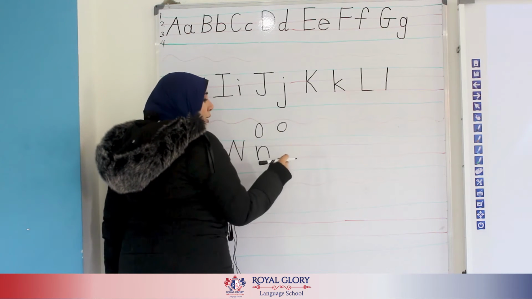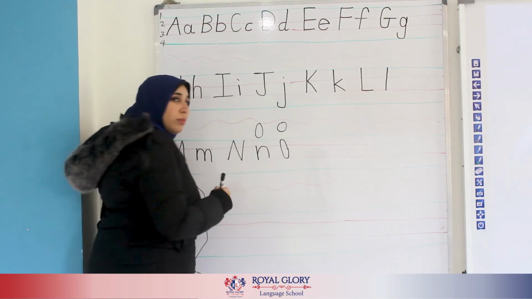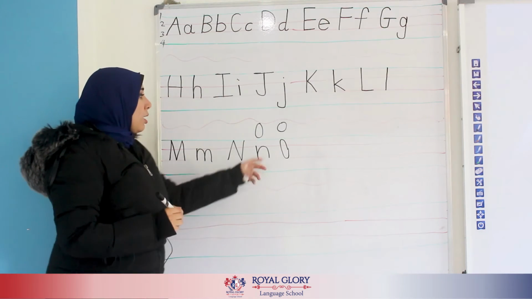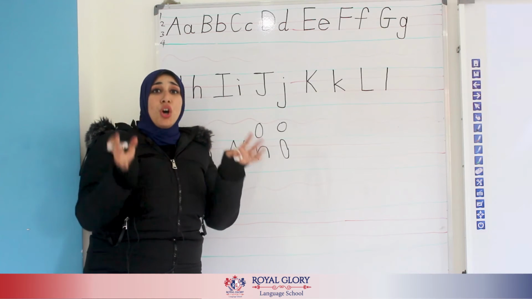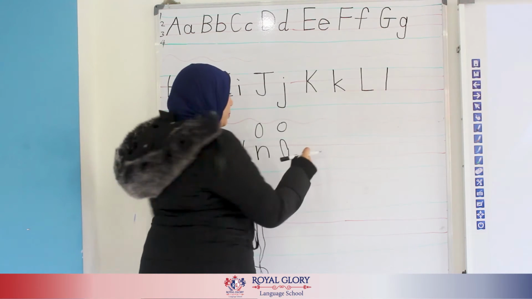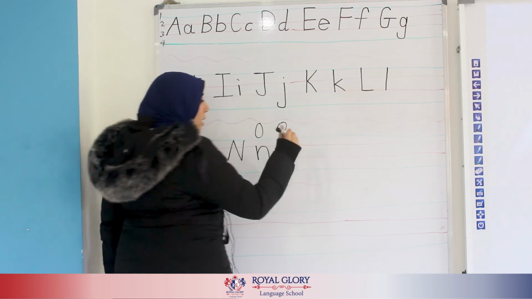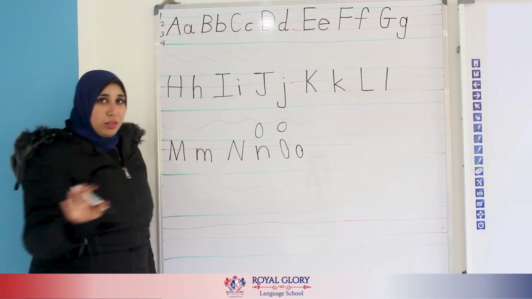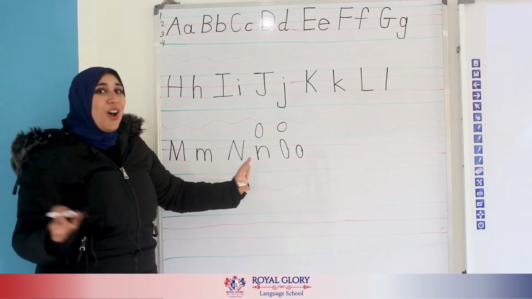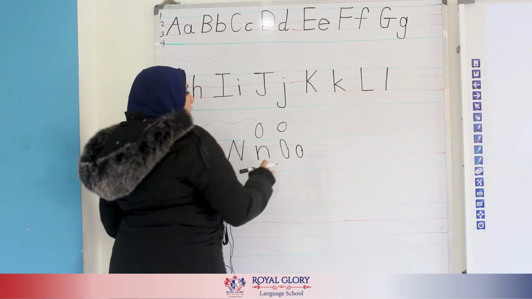From line number 1 to line number 3, make a small oval. Yes, okay. The lower case of sound O, the same, but between line number 2 and line number 3. Just oval. Okay?